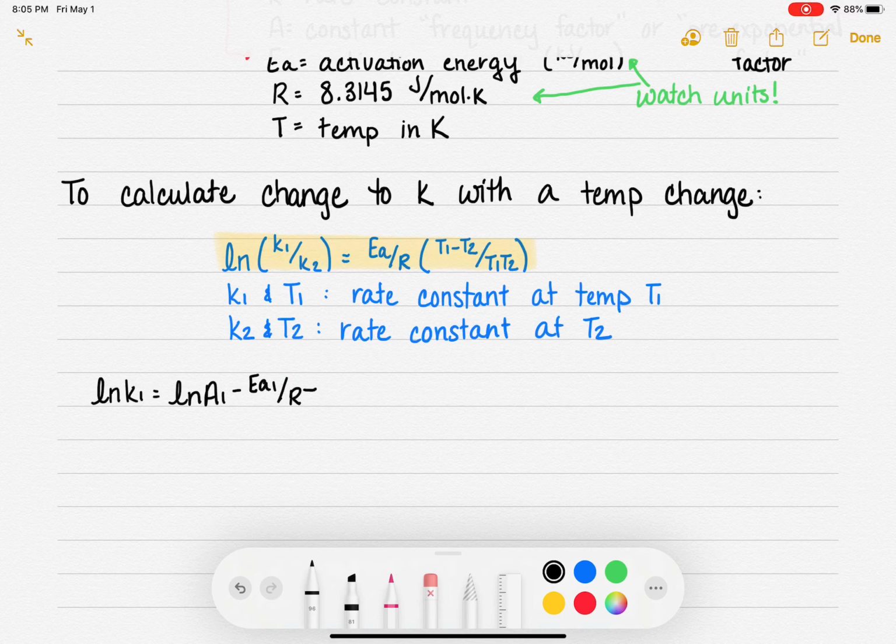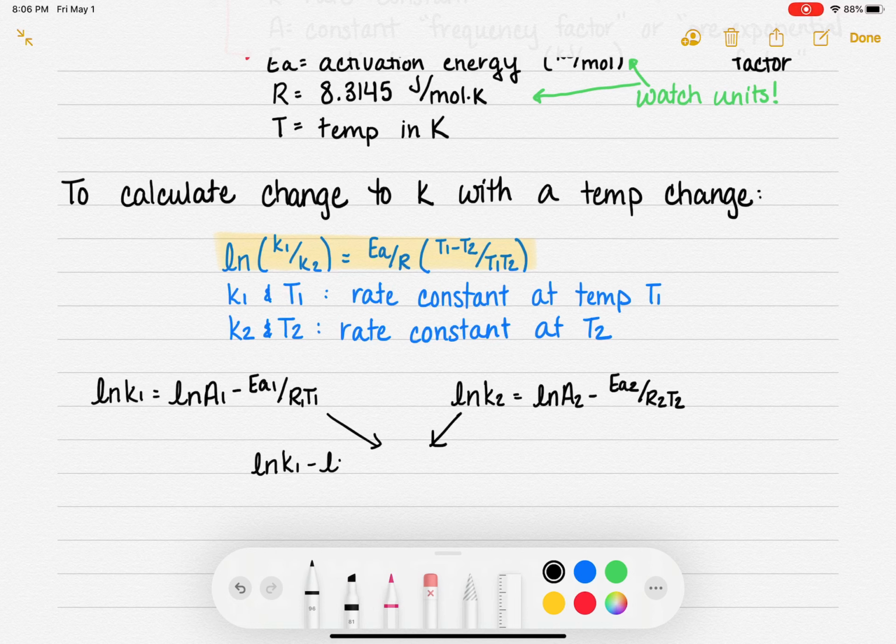It comes from taking two Arrhenius equations. We're just going to put a 1 on everything: K1, A1, EA1, R1, T1, and K2, A2, EA2, R2, T2. And what we end up doing is combining these two equations together by subtracting them from each other, basically.